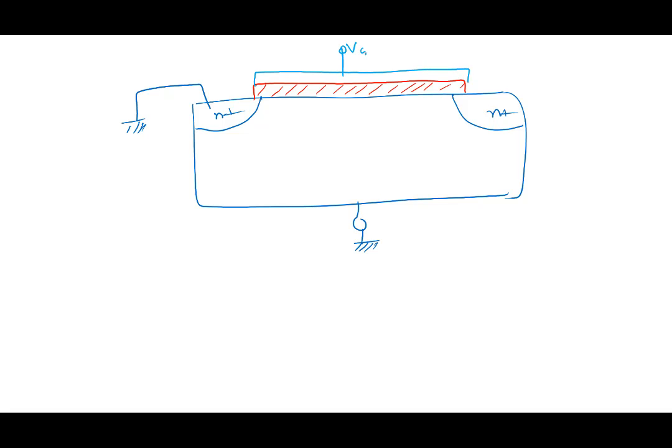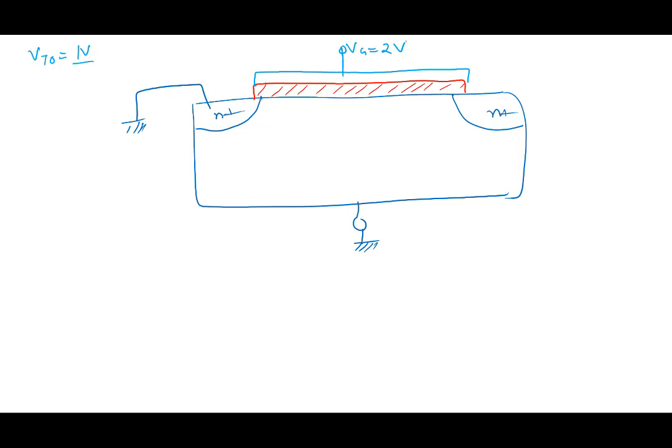Vg here. Let's say we have applied Vg greater than Vt. For the sake of argument, let's say Vt0 is 1 volt, right? And we have applied Vg greater than Vt0, so we have applied Vg equal to, say, 2 volt. This is ground.